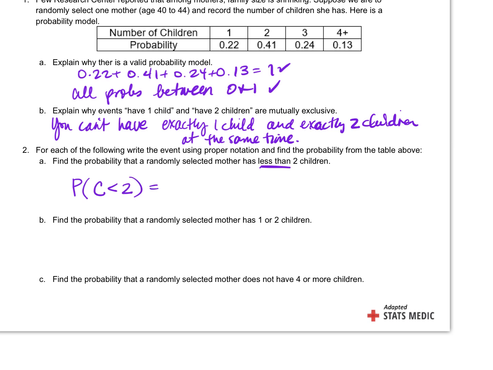How would we find that? What values in my table are less than 2? 1. It only has one answer, so it's just 0.22, right? That's it. Can handle so far, right?